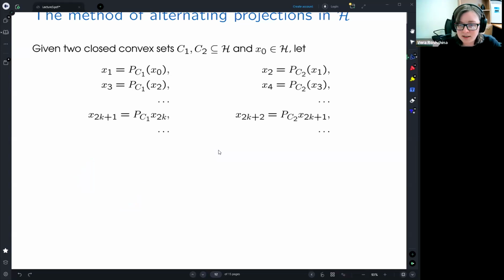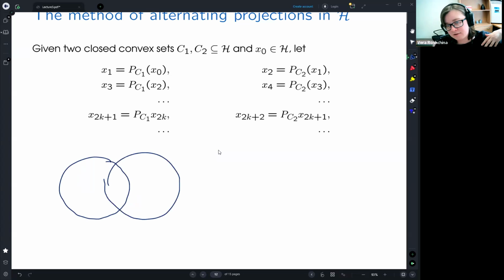But the part of the method that is the projection will be trying to push the algorithm into the intersection of two convex sets. And the usefulness of these methods is that it can be very easy to compute a projection onto some convex set, but it may be difficult to compute a projection onto intersections of this type of convex set.